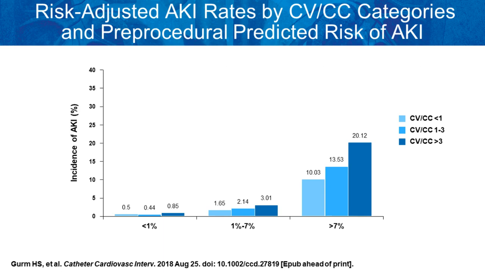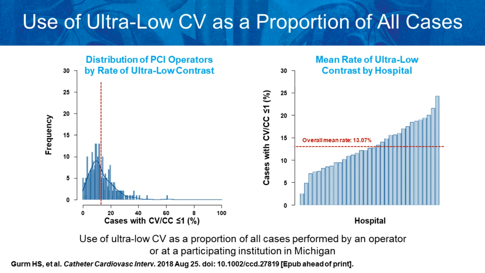So almost doubled. And obviously, if you're using contrast volume between 1 to 3 times the creatinine clearance, your risk is about 13 to 14%. On the other extreme, if your predicted risk is less than 1%, the ratio still holds, the benefit still holds, but the absolute difference is marginal.